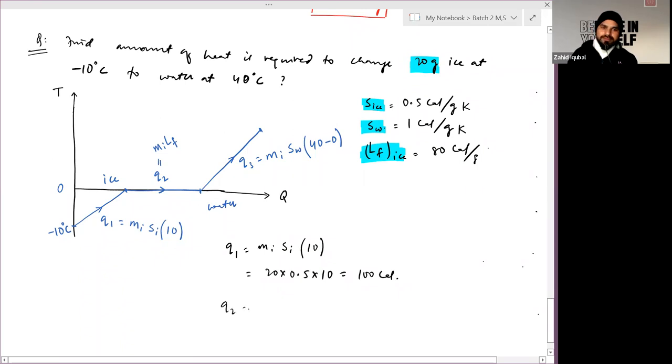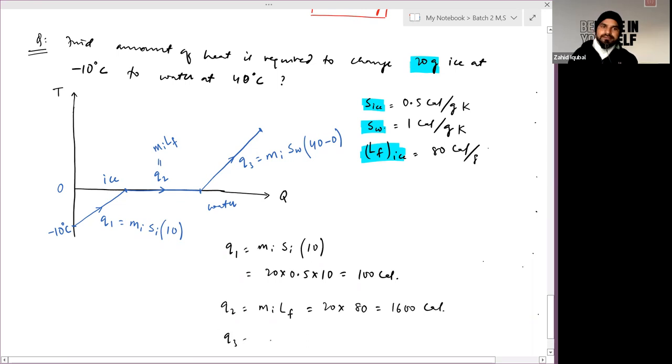Similarly, Q2, which is to change its state, will be mass of ice times latent heat of fusion. Mass of ice is 20 gram and latent heat of fusion is 80, so 20 into 80 is 1600 calorie.